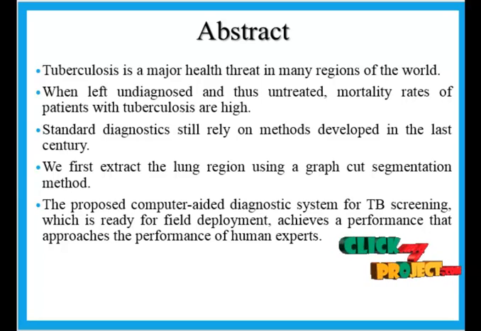After lung segmentation, we extract three features such as LBP, HOG and Tamura features. LBP stands for local binary pattern. It is a simple yet very efficient texture operator which labels the pixels of an image by thresholding the neighborhood of each pixel and considers the result as a binary number.